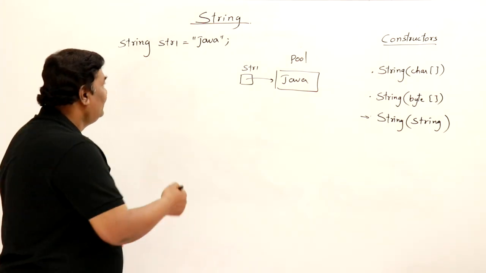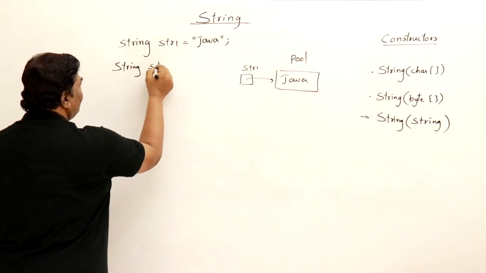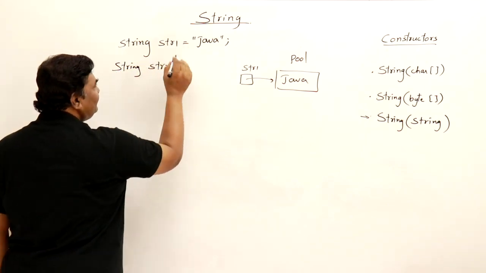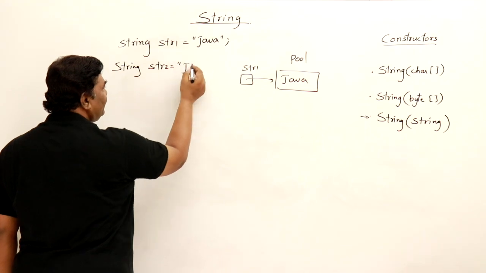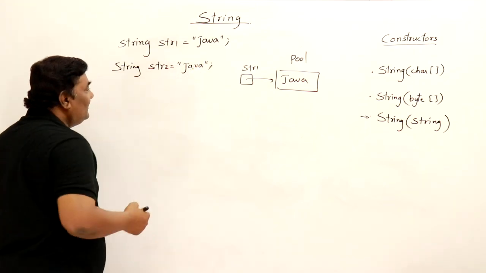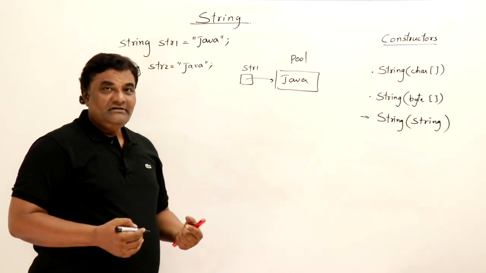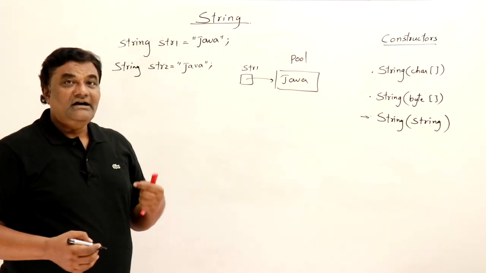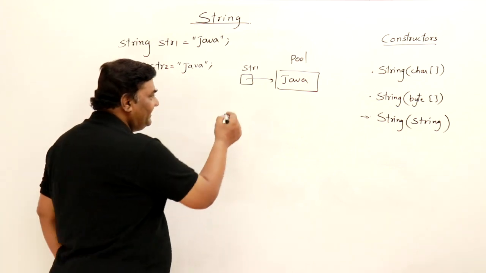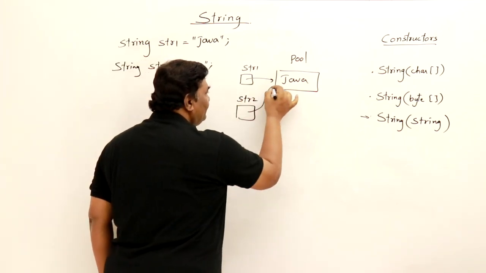Now next step. If I write string str2 as it is, no changes in the cases also, capital J A V A, same thing. So I have used same literal, and when I am using same literal, Java will not create another object, but it will make str2 also point on the same object.